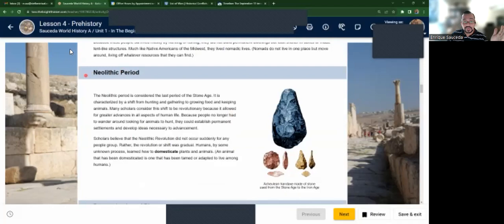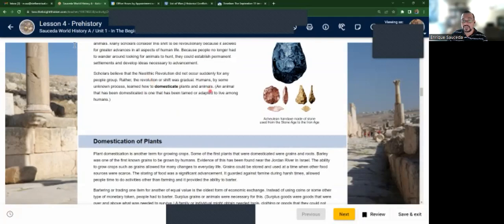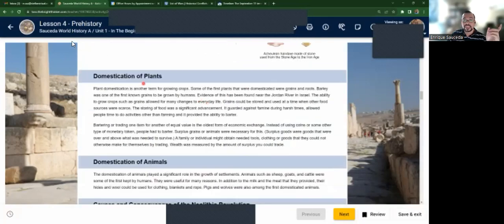In the Neolithic period, past the Stone Age, it's a shift from hunting and gathering into the domestication of animals and then into subsistence farming, or farming for a living. They made tools out of stone, which greatly helped improve society. Here's where we get our domesticated plants and animals. The domestication of plants will lead to more farming. The more farming you can do, the bigger your cities grow, the more people you have, the more you can feed.